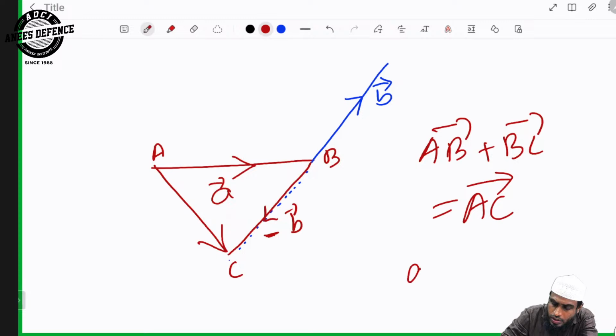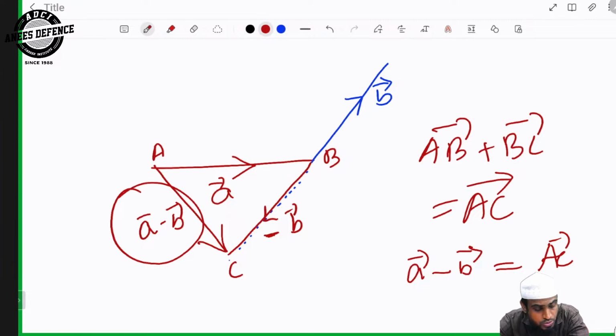What is AB? A. BC, what is BC? BC means minus B. That is equal to AC. So here you can represent A minus B. This is the only idea about subtraction of two vectors.